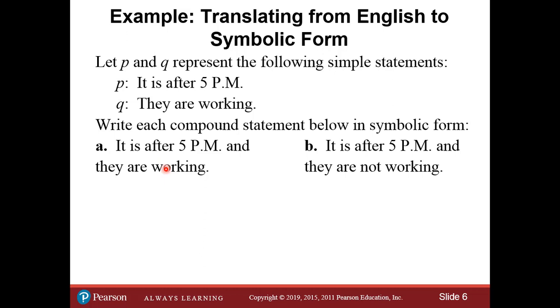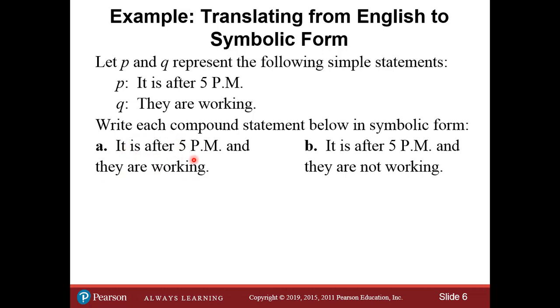Okay, so let P and Q represent the following simple statements. So P is, it is after 5 p.m. Q, they are working. So what we want to do is write each compound statement below in symbolic form. So here it says, it is after 5 p.m. and they're working. So how would we write this?